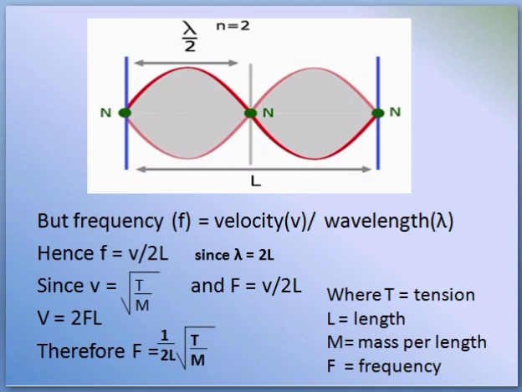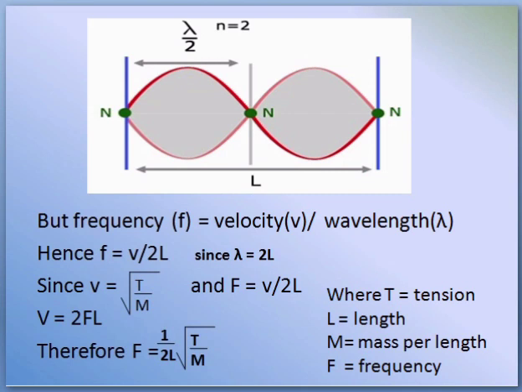A good explanation of this is represented in the diagram you can see on your screen, where the full length, that is the distance between the first node and the second node, is given as L, and L is equal to lambda divided by 2.